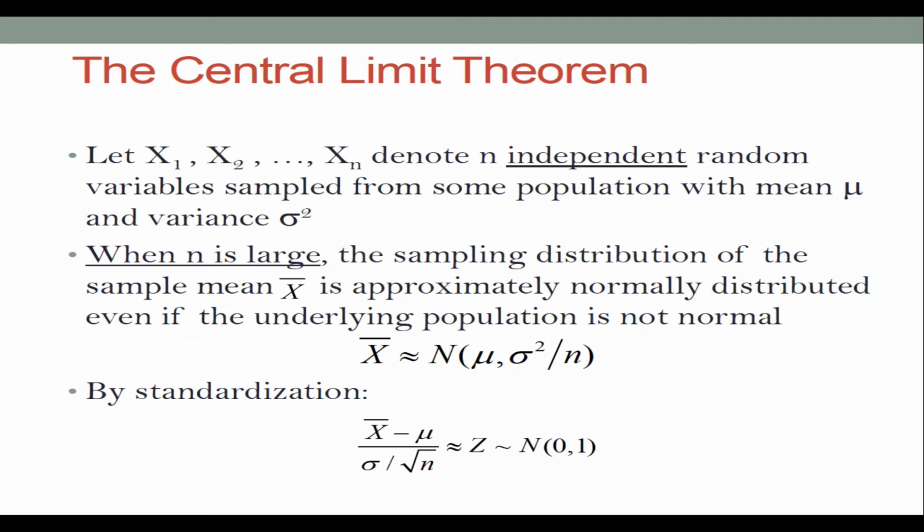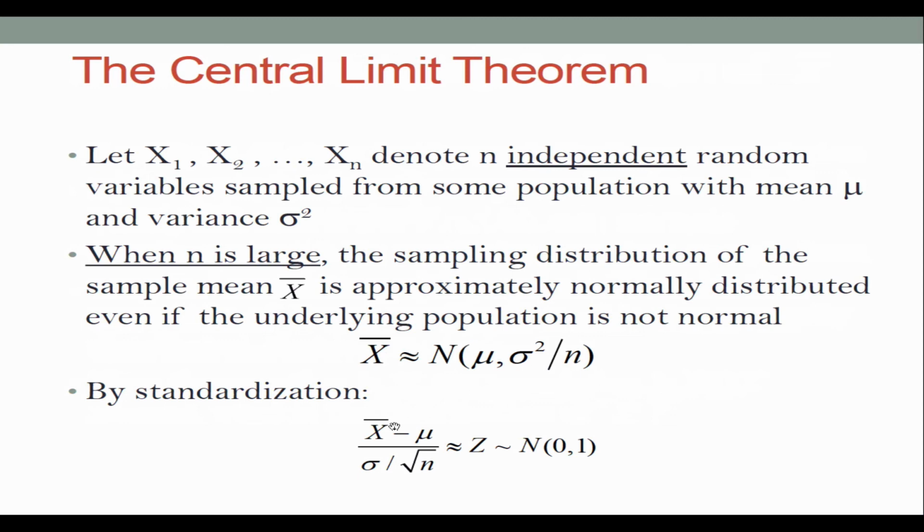Let x1, x2, up to xn denote n independent random samples from some population with mean mu and variance sigma squared. If n is very large, you can notice the two underlying conditions for the central limit theorem: all of those n samples are independent, and n is very large. Then the sampling distribution of the sample mean x bar is approximately normally distributed, even if the underlying population is not normal. Is that okay?